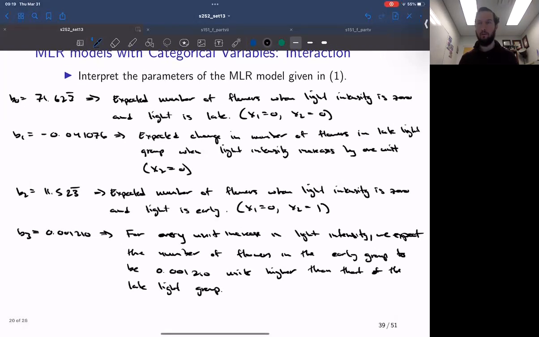Okay, sorry, that was a bit rushed at the end there just to fill it in, but those would be the general interpretations of the values.